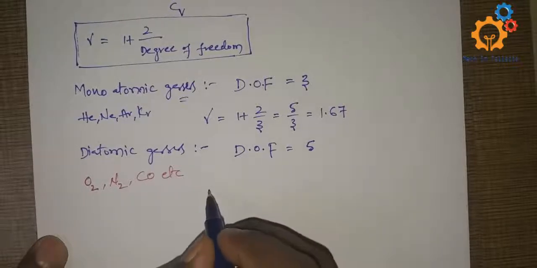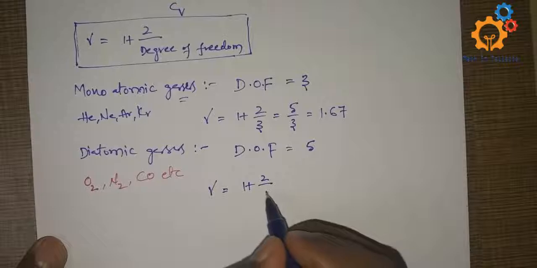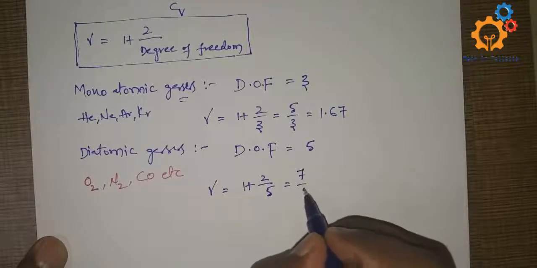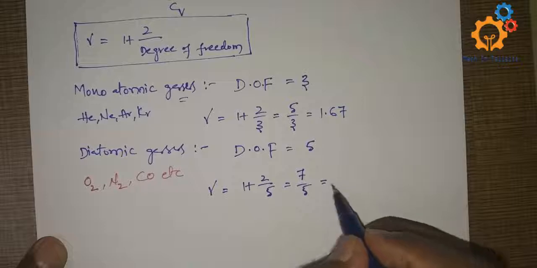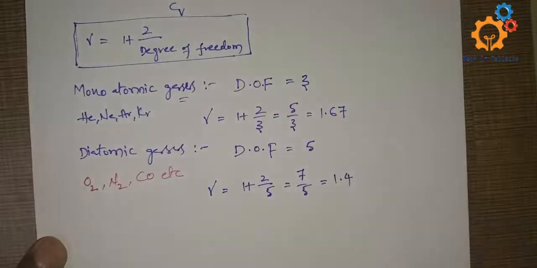Let's see the gamma value: 1 plus 2 by 5, so this becomes 7 by 5. So what is 7 by 5? 1.4.